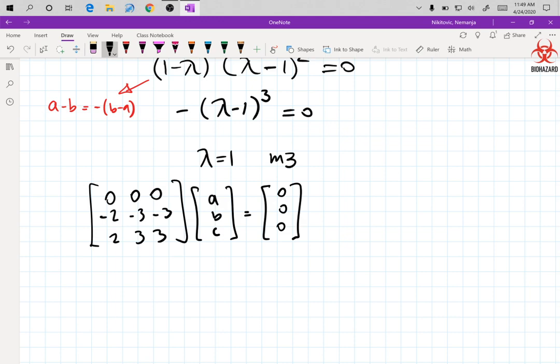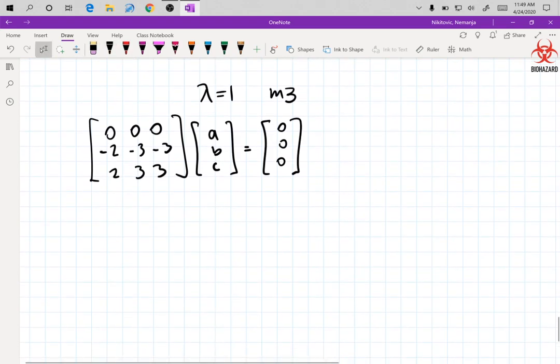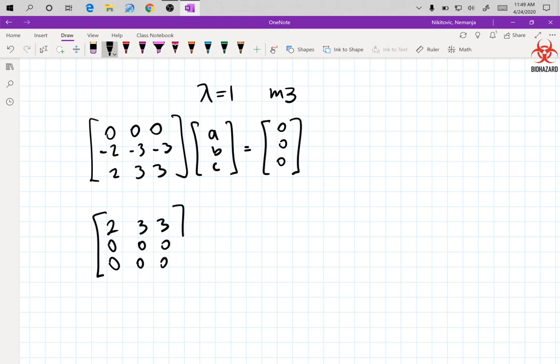All right. So all I need to do is, again, row reduce this. Those of you from linear algebra, you know what row reduce means. You can put any row you want anywhere. This would actually be 2, 3, 3, 0, 0, 0, 0, 0, 0, and then A, B, C, and then 0, 0, 0.